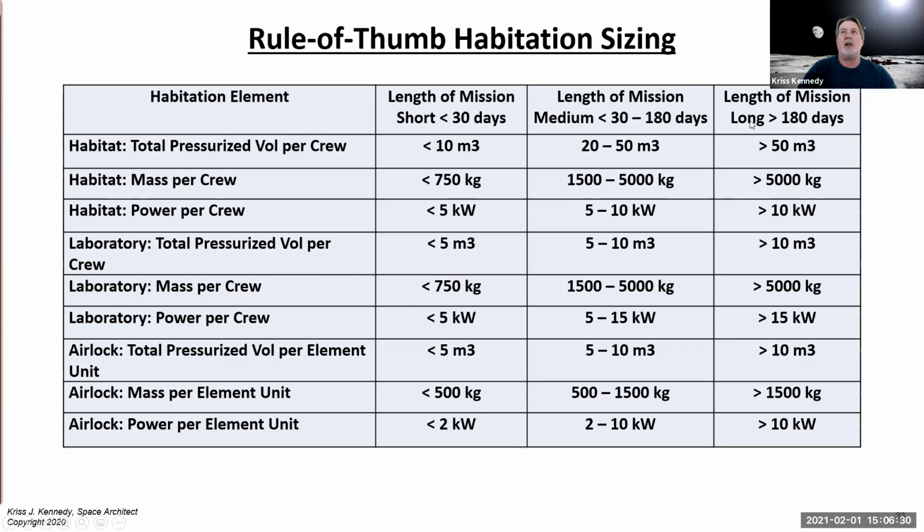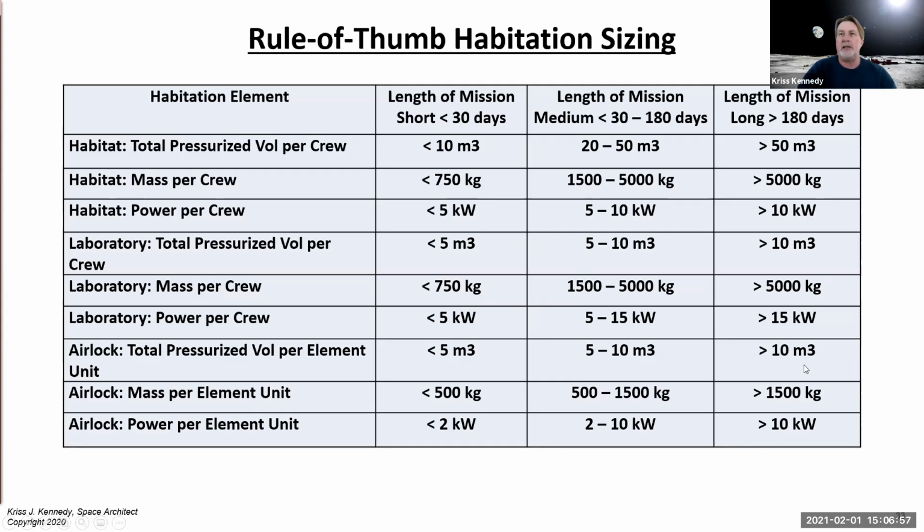And then long duration missions are considered over 180 days, and we target about 50 cubic meters. So if you had 4 crew members, this would put you roughly at 200 cubic meters, which is about right for a long duration mission of 4 crew members. The mass, you can follow that across and see that gives you rough ideas.